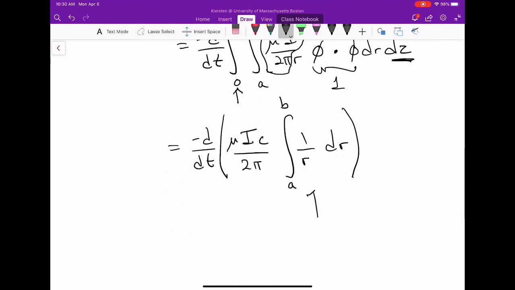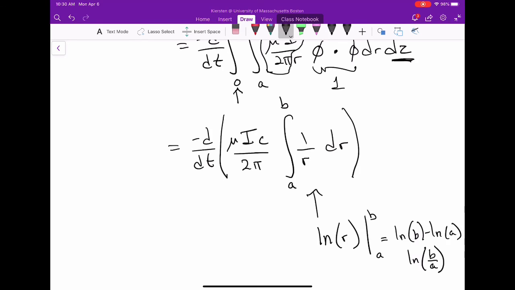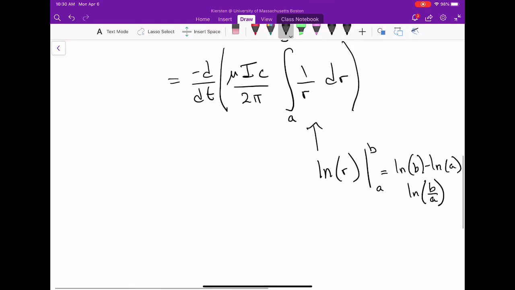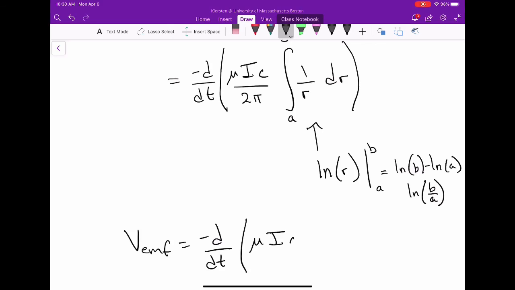The integral of 1 over r gives you ln of r, and we're going to evaluate that from a to b, which is ln of b minus ln of a, or ln of b over a. So VEMF then becomes minus d dt of mu I c over 2 pi ln of b over a.